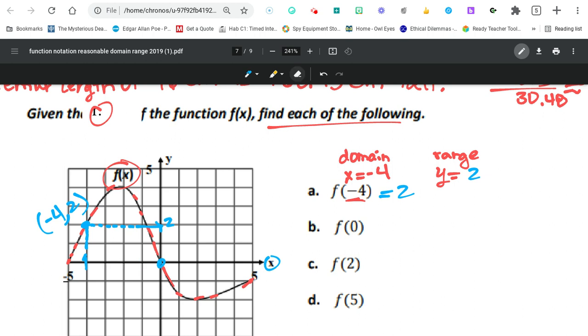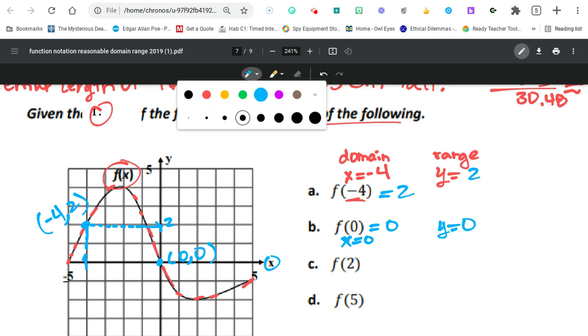All right, let's take a look at another one. This says find f of 0. So when my x is 0, what's my y? When my domain is 0, what's my range? There's an x of 0, but the y is also 0. So (0, 0). So f of 0 is 0.